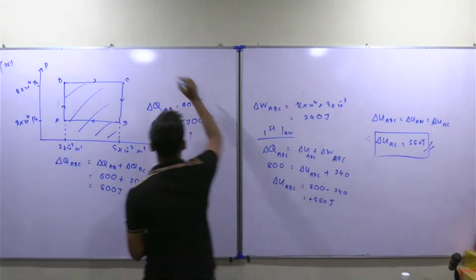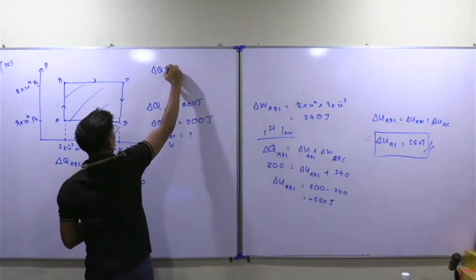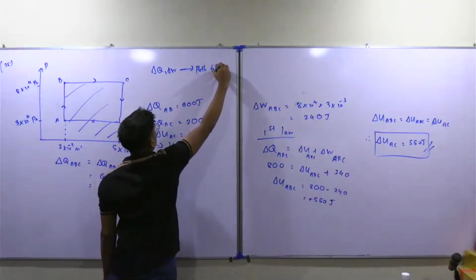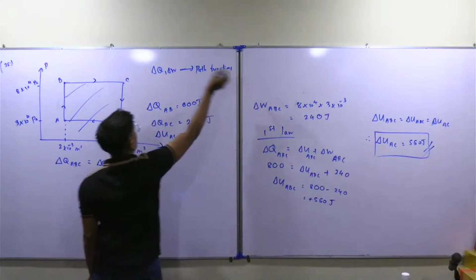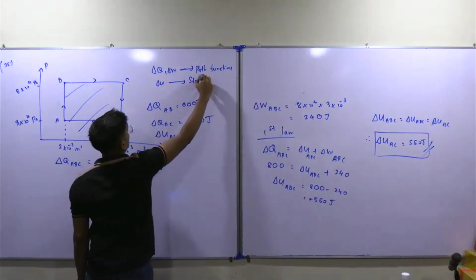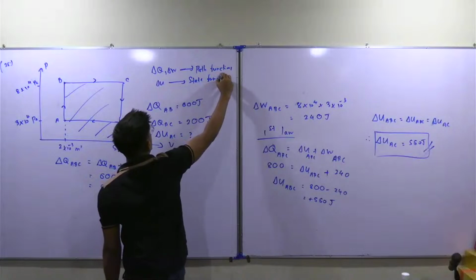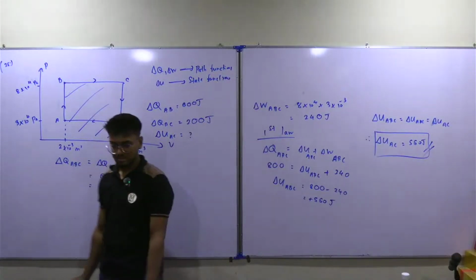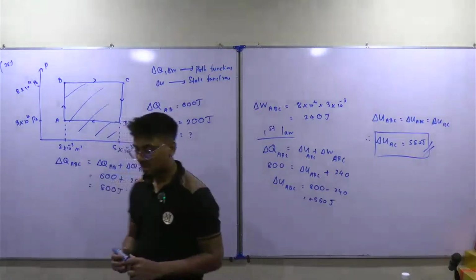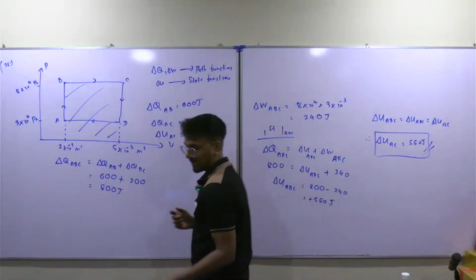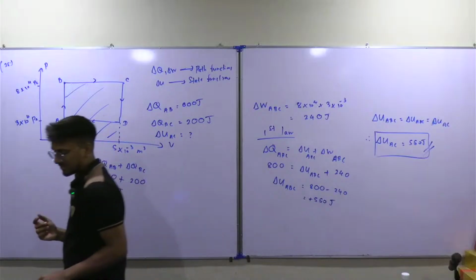That means these quantities depend on the path taken, but delta U is a state function. That means it only depends on the initial state and the final state, and doesn't depend on the path taken in between. Okay, write down these things.